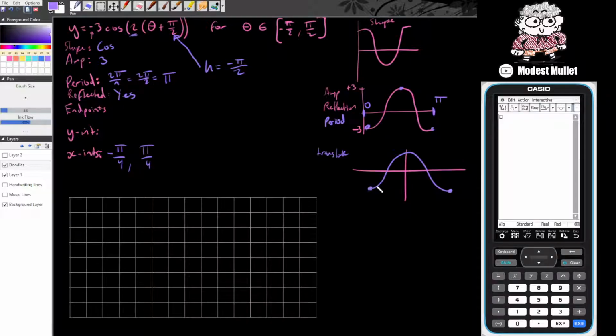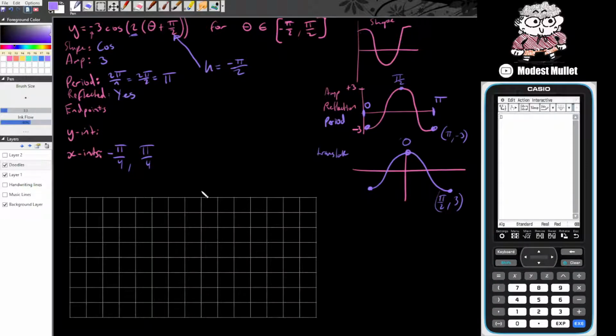And as we showed in class, this is fairly simple, because this midpoint here, before it's translated, we know that's half of the period, so that's at pi on 2. So we move that left, that's now at the 0 point. Our endpoint here, which was at pi, -3, shifted left by half a pi, so we now get pi on 2, -3.